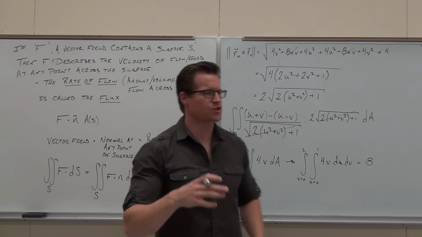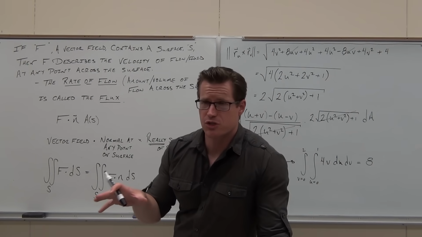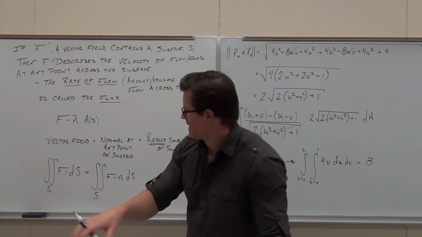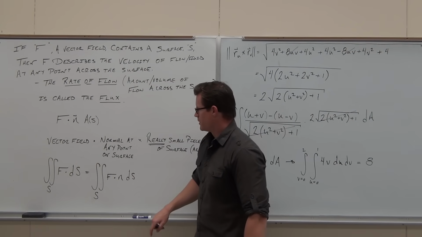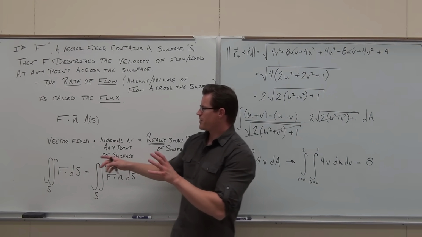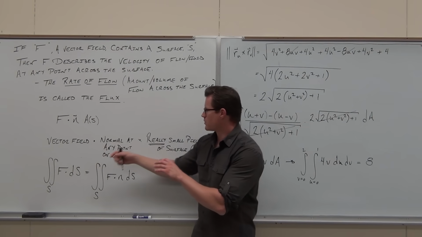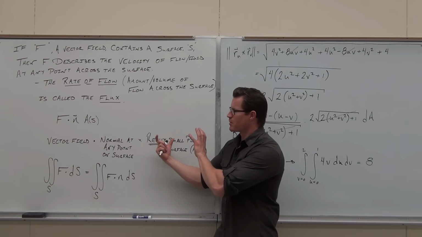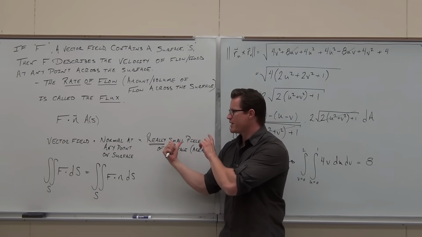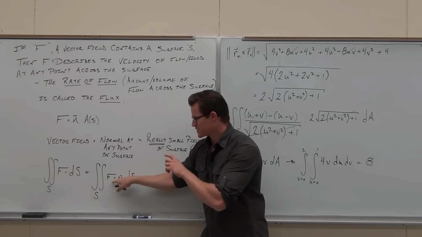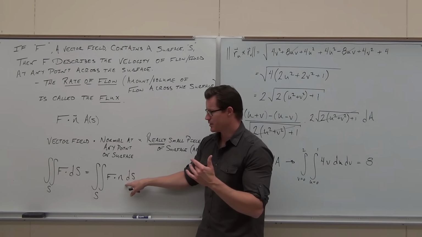See, if we want to do a surface integral where our surface is going through a vector field, that's what this says. A surface integral through a vector field. We're going to think of this as the vector field dotted with a normal times a really small part of area. This is the amount of the fluid going through that area. That's what this means.